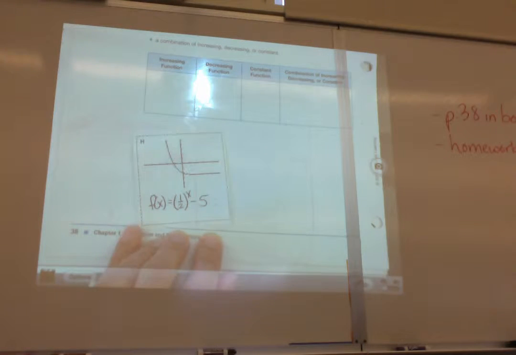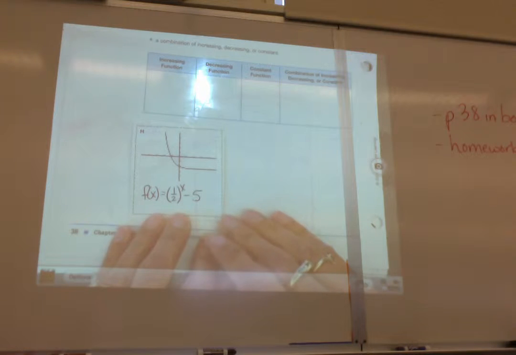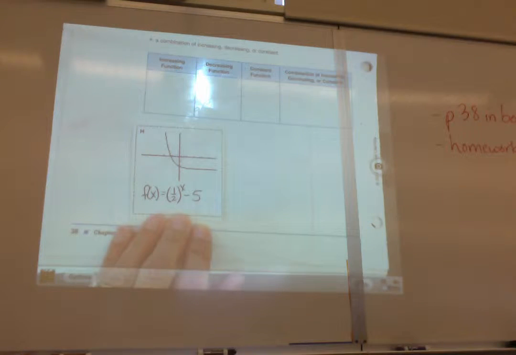Now, looking at graph H and all the other graphs, we're going to decide whether they are increasing, decreasing, or constant. And what Jerry just read is part of what we're looking at: what happens as you move left to right across the domain.